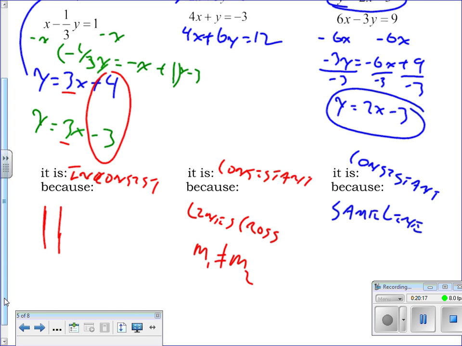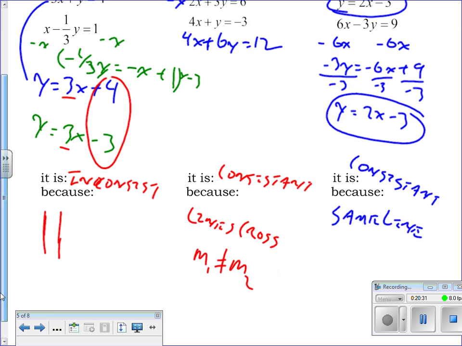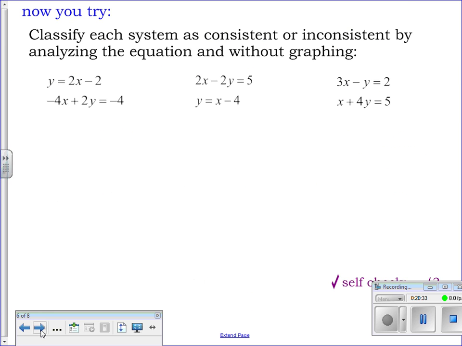It is consistent because it's the same equation. If I graph this equation and graph that equation, I get the same line. Same thing, just rearranged to look different, that's all. Okay, your turn, do those.